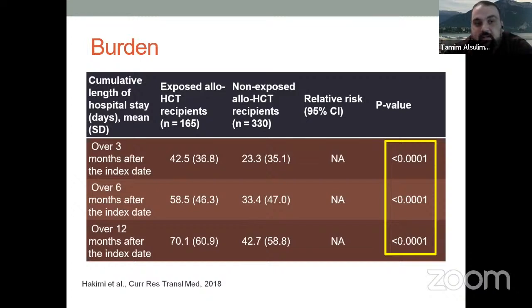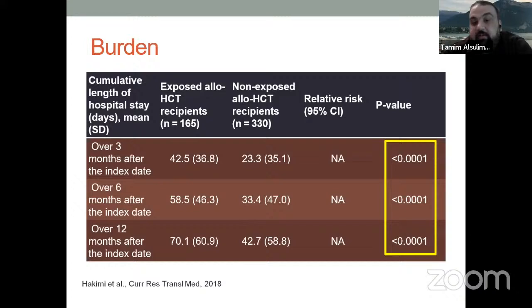And here we see the differences in days of hospital stay. We can see that the difference is statistically very significant, from 42.5 days in exposed patients to 23.3 in non-exposed, for over 3 months.